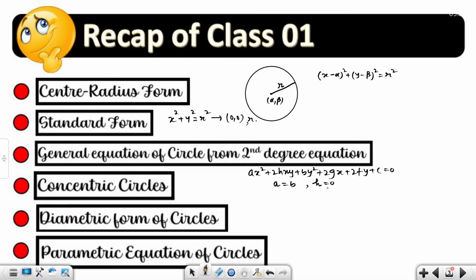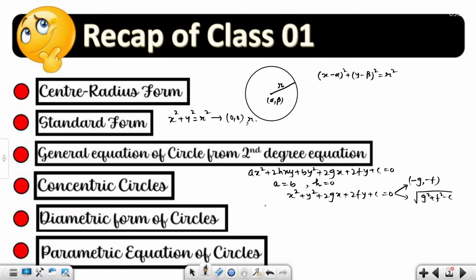Then this will represent the equation of a circle, and the equation of the circle looks like this. This is also called the general form of a circle, whose center is at minus g comma minus f, and its radius is root over g square plus f square minus c.